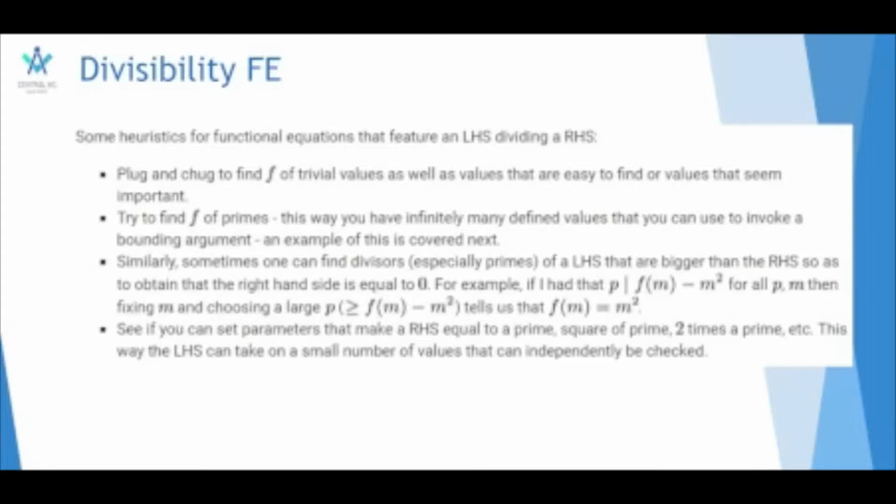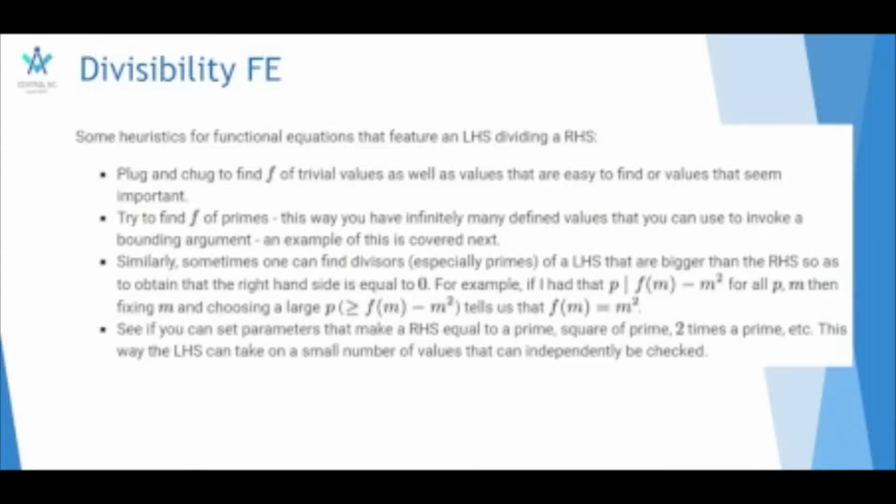Yeah, they're just useful things to deal with. Next, try to find f of primes. So this is useful because now you have infinitely many values that you can then use in a bounding argument.